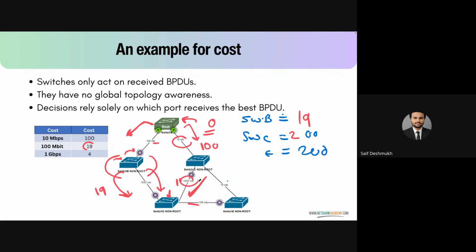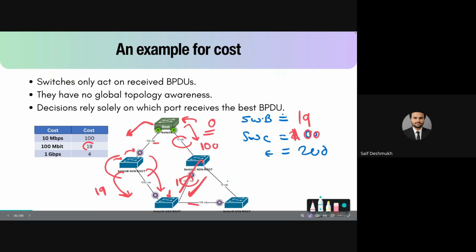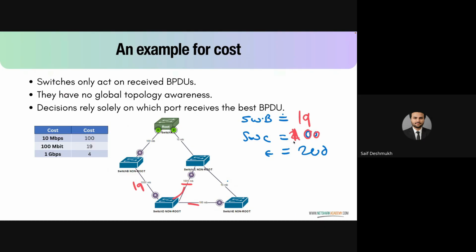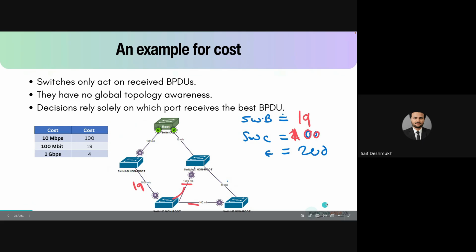Look at this 10 Mbps link. Switch C sent a BPDU with a cost of 100, 0 plus 100. Then switch D will add its local interface cost. From here, 100 plus this 1000 Mbps interface, which is 19, so in this case it is going to be 119.